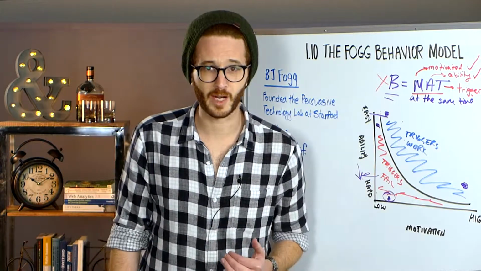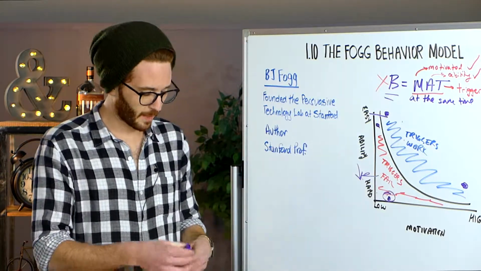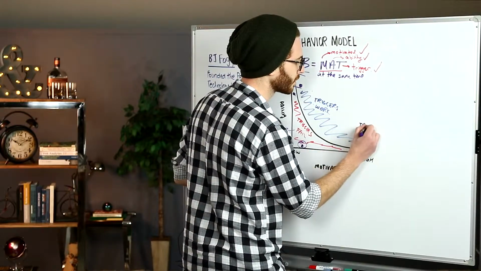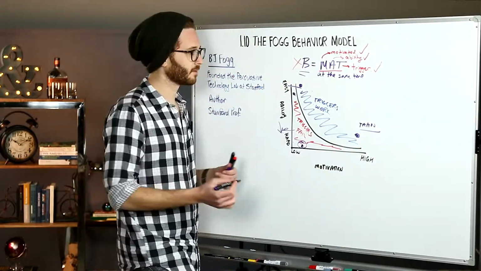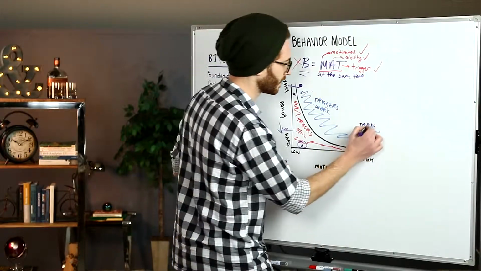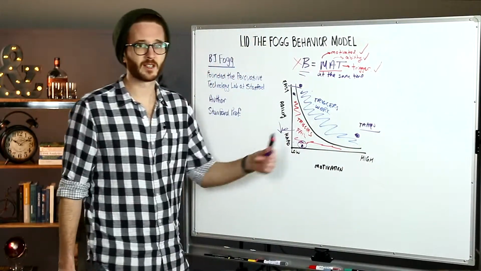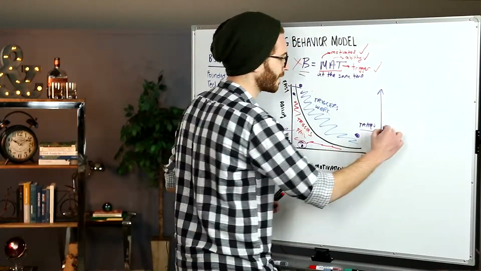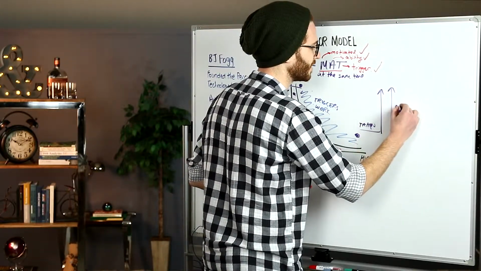Ability is much more straightforward, right? How do you increase ability? Well, you could train somebody, right? So you train somebody, and as you train them, the ability to accomplish a difficult task goes up.